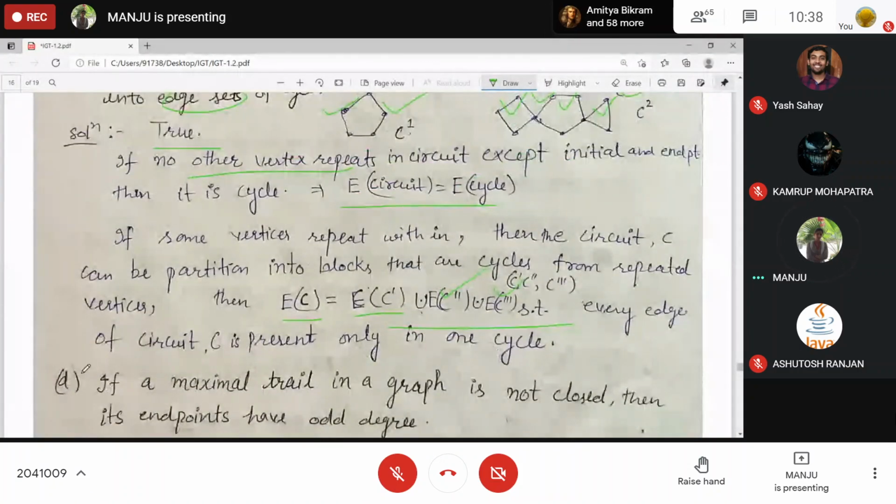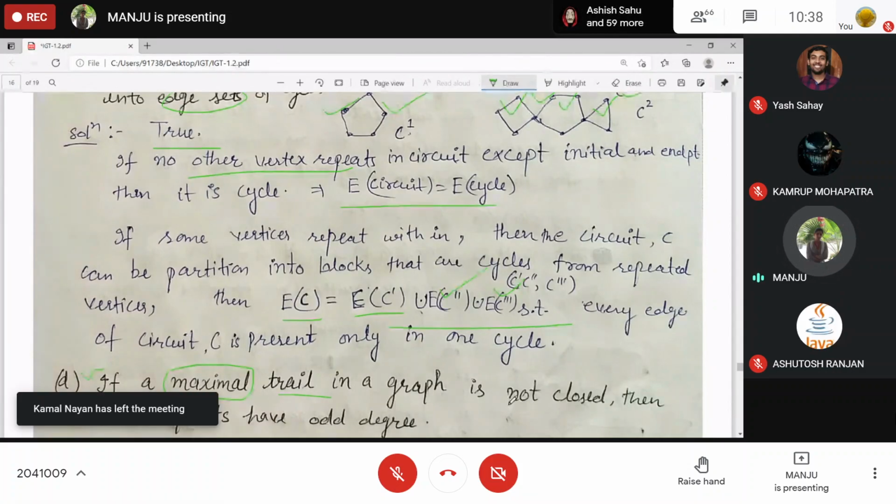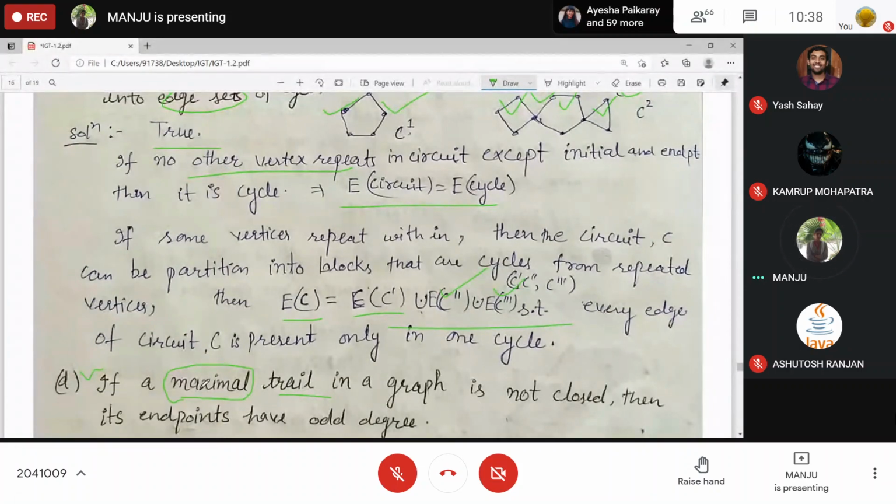Next, this one. If a maximal trail, first you need to give me the definition of this word and the difference from maximality. If a trail in a graph is not closed, then its endpoints have odd degree.